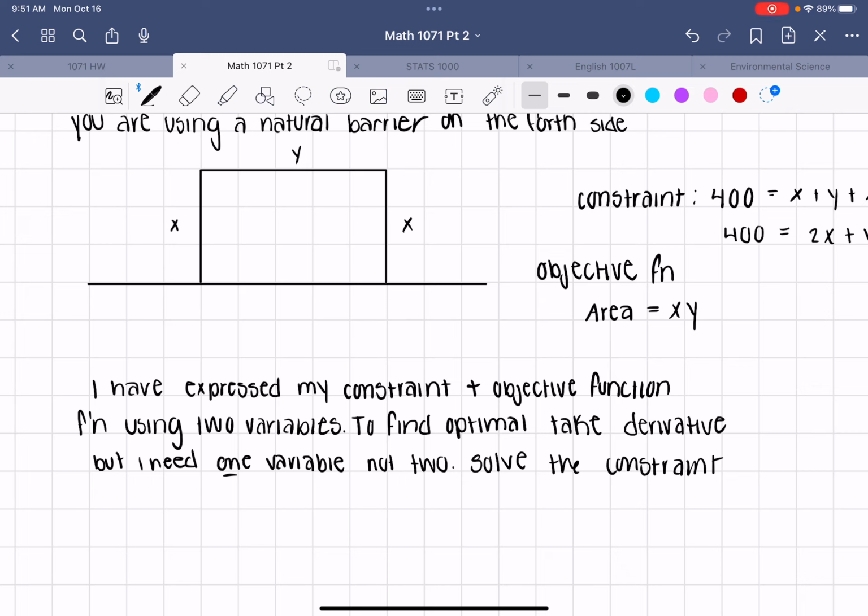So my area is equal to x times y, but y is now 400 minus 2x. So my area now as a function of x, how about if I simplify, is 400x minus 2x squared. So I take the derivative, which is 400 minus 4x.